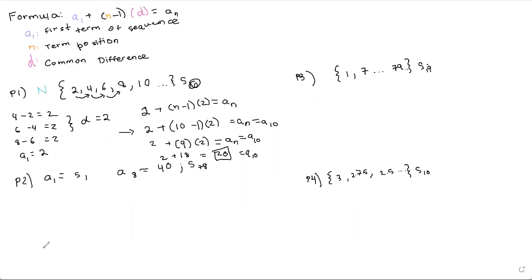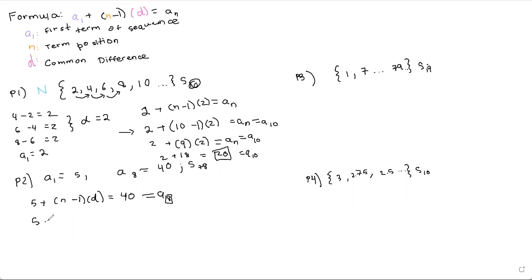The first thing we're going to do is 5 plus, we don't even know what the common difference is, n minus 1 times d, is equal to 40. That's what we do know, which also happens to be term 8. So now that we know the term number, we can plug that in for n.